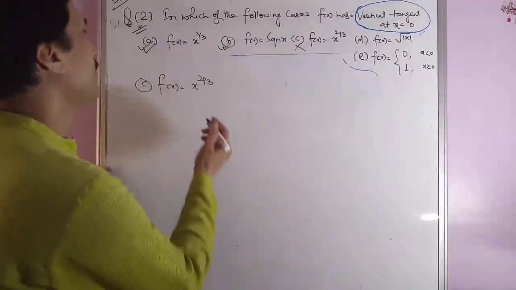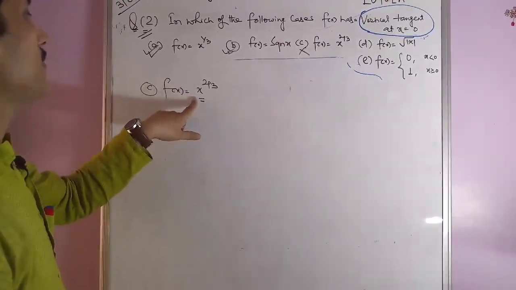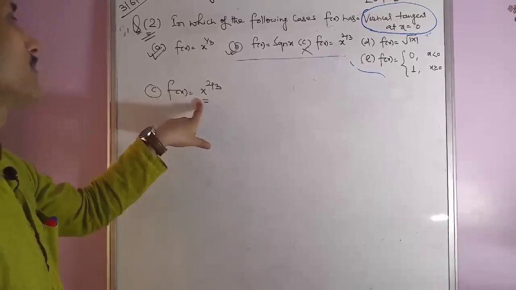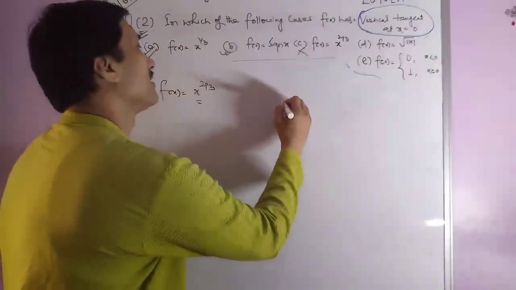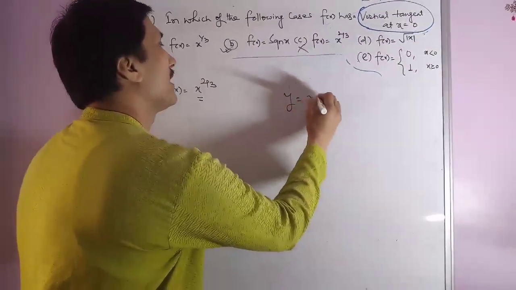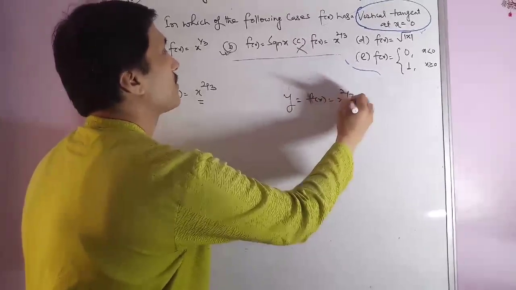For the sake of knowledge, here we want to draw the graph of y equal to x to the power 2 by 3. Here y equal to f x equal to x to the power 2 by 3.